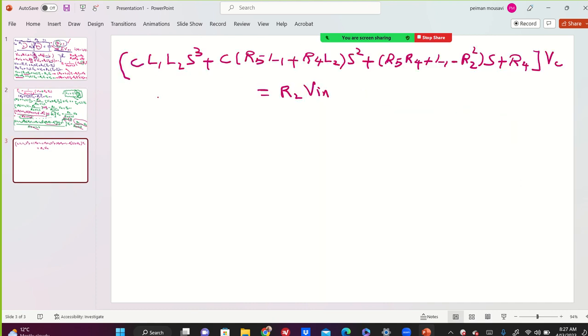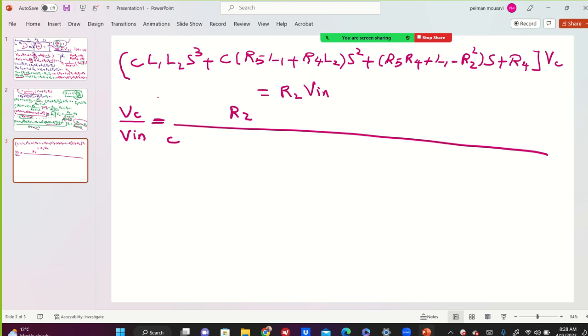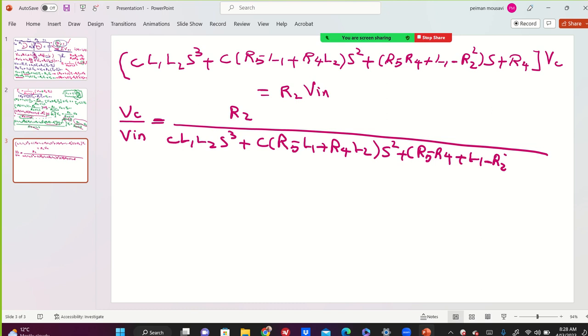Okay, so we get finally the transfer function of Vc over Vin, the third order system, going to be R2 over C L1 L2 S cube plus C R5 L1 plus R4 L2 S square plus R5 R4 plus L1 minus R2 square S plus R4. And the third order system, for God's sake.